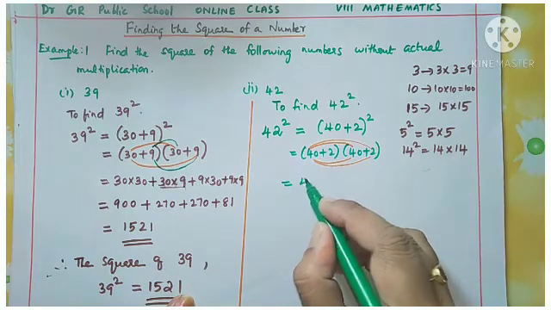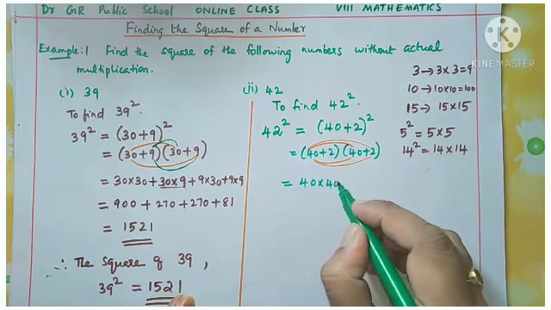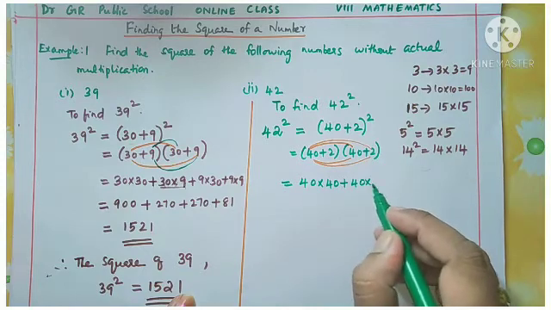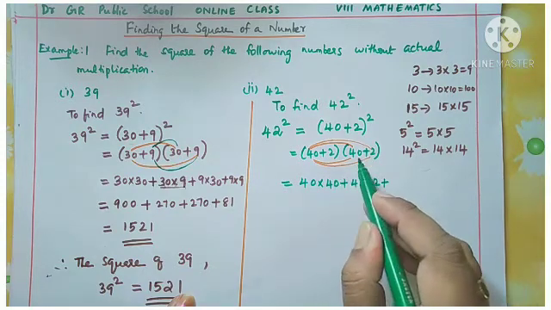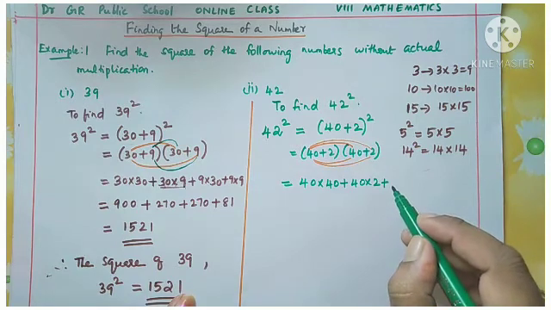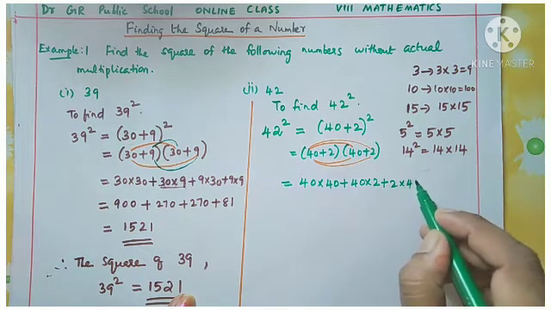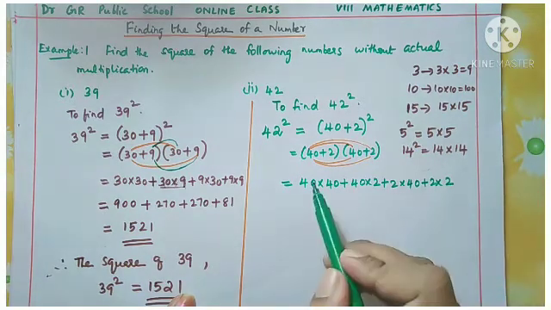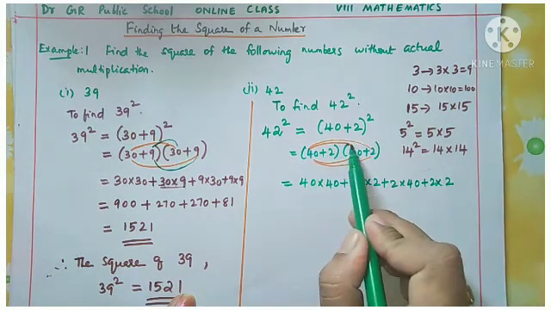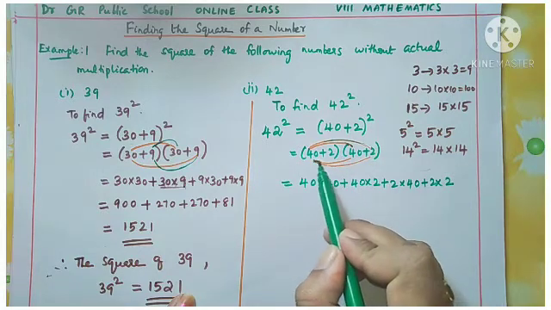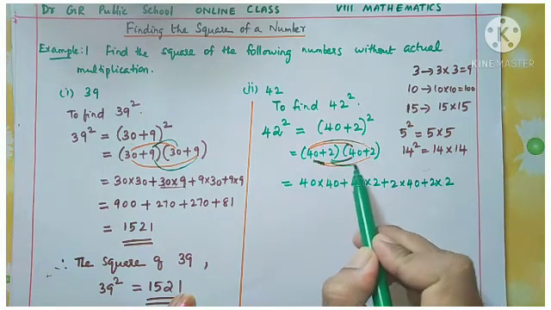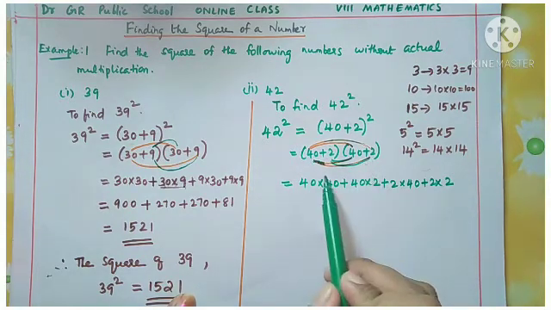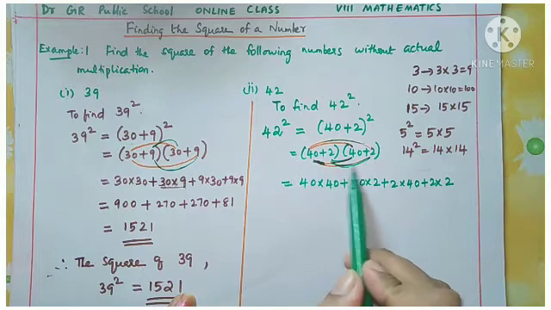That is equal to 40 into 40 plus 40 into 2 plus 2 into 40, plus 2 into 2. Understand? 40 into 40, 40 into 2, 2 into 40, 2 into 2. First number into the two numbers of the second bracket and second number into the two numbers of the second bracket.